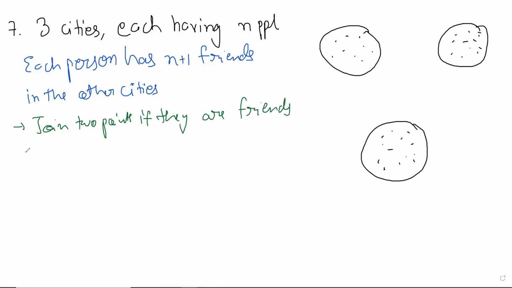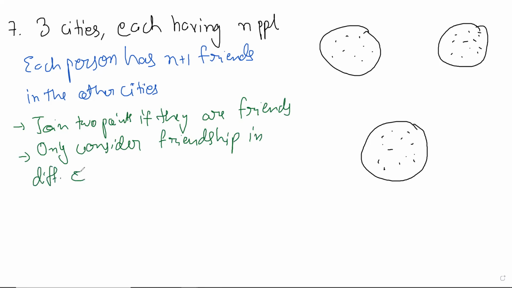And also this is important: we only consider friendship in different cities. That's all, right? So you see, this is a graph. It's a setup of lines and points with three endpoints. There are three endpoints in this, right?